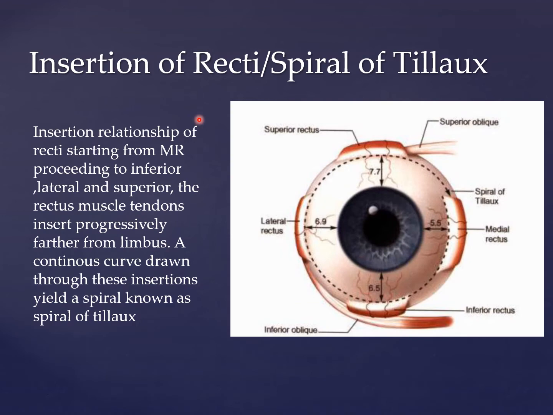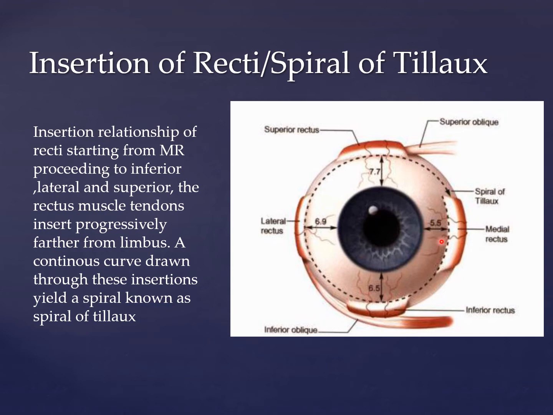As we have discussed, the extraocular muscles insert at some fixed distance from the limbus. The medial rectus inserts closest to the limbus, with inferior rectus, lateral rectus and superior rectus inserting progressively further away, resulting in an imaginary spiral which is called the spiral of Tillaux.